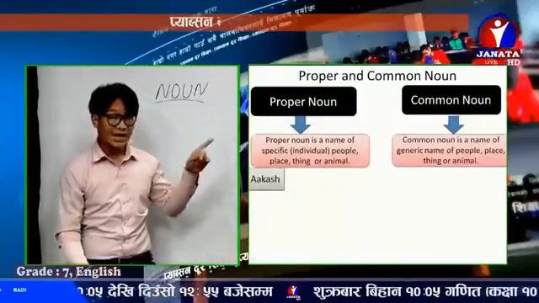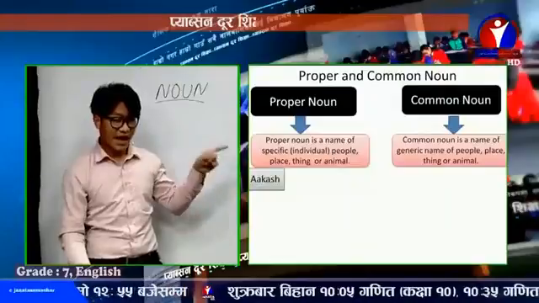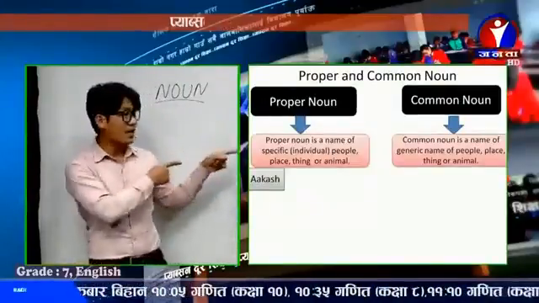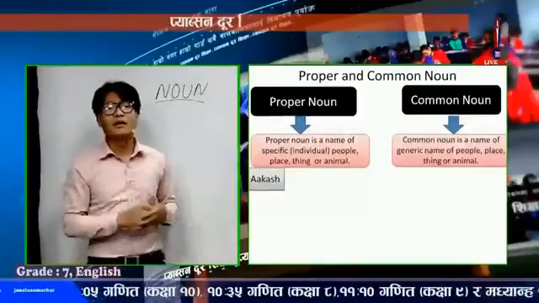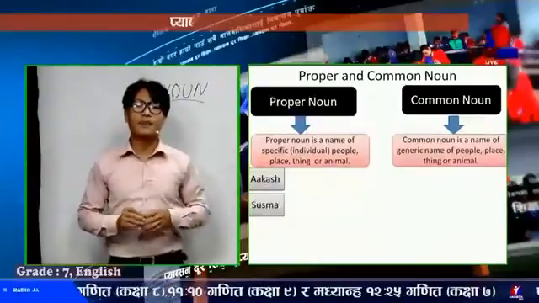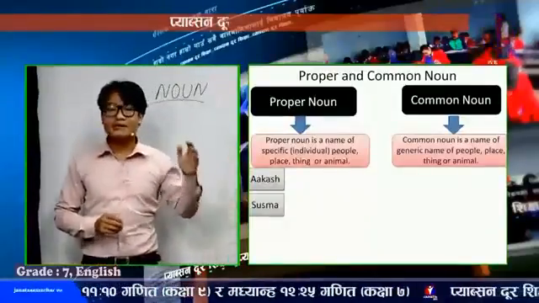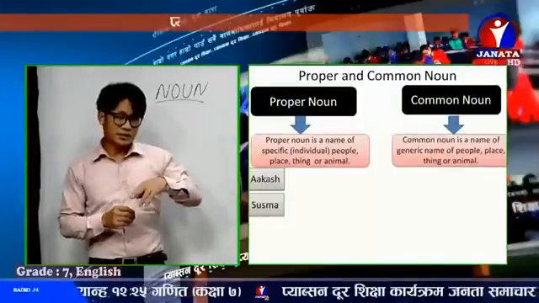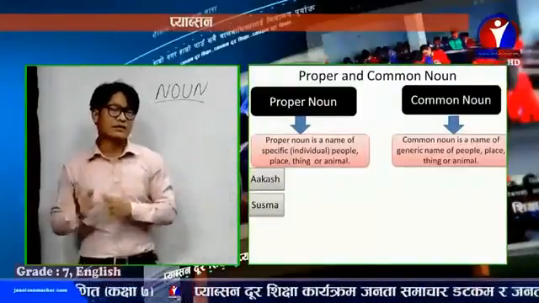See, Akash. Akash is a student. Next is Susma. Susma is a student. Akash is a student and Susma also is a student.